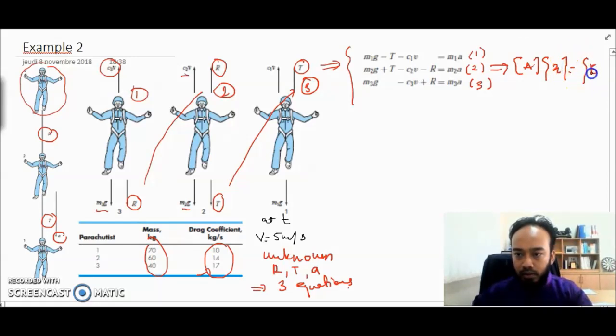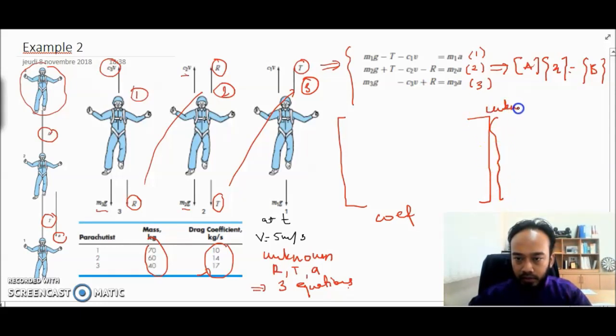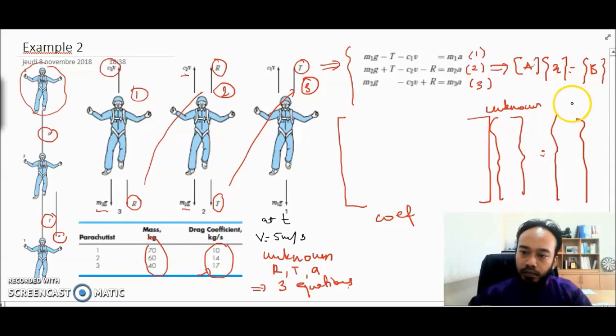As we did just now, the easiest way is to start with column B. So draw a big coefficient matrix over here, multiplied by the unknowns, equals the constants.